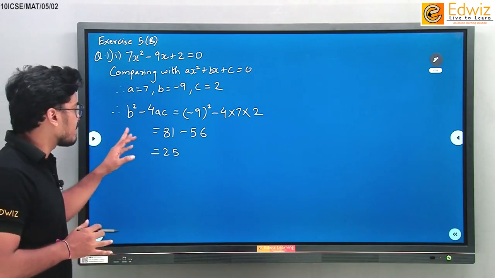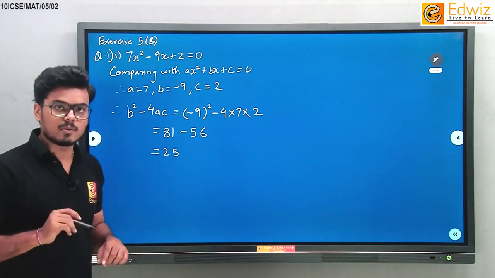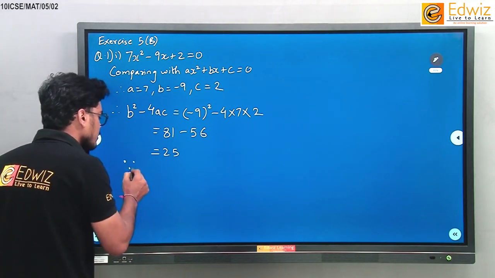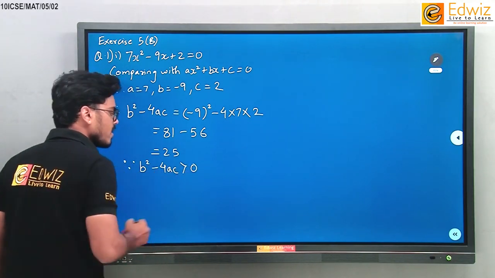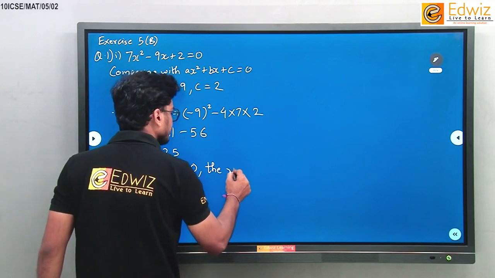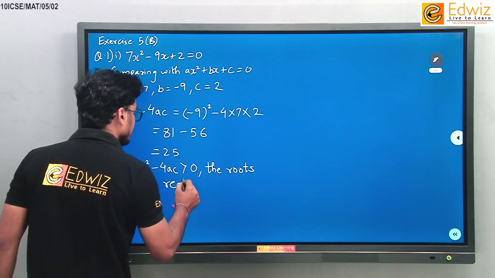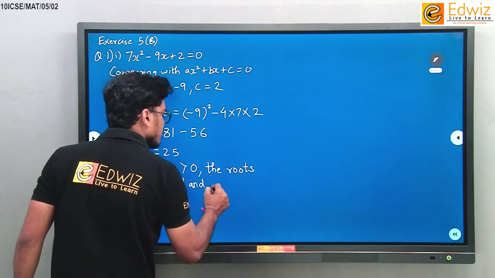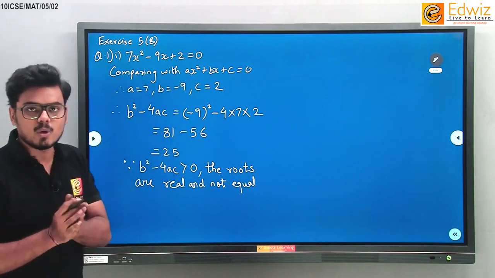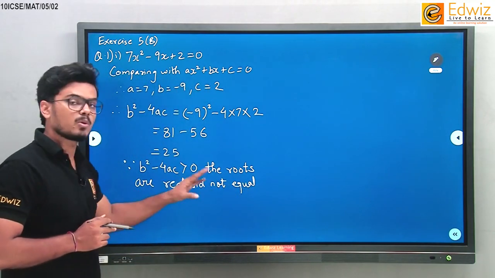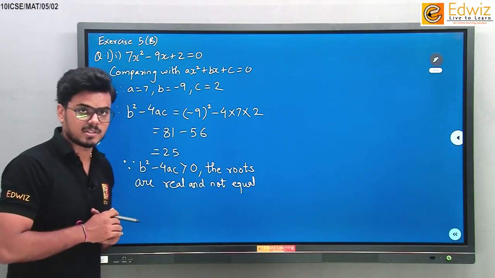The value of b square minus 4ac is 25. That means it is greater than 0. So since b square minus 4ac is greater than 0, the roots are real and not equal. ओके, इक्वल कब होता है? जब वैल्यू 0 आता है तब. But if it is greater than 0, the roots are real but they are not equal. ठीक है, so this is the nature of the roots of the first equation.